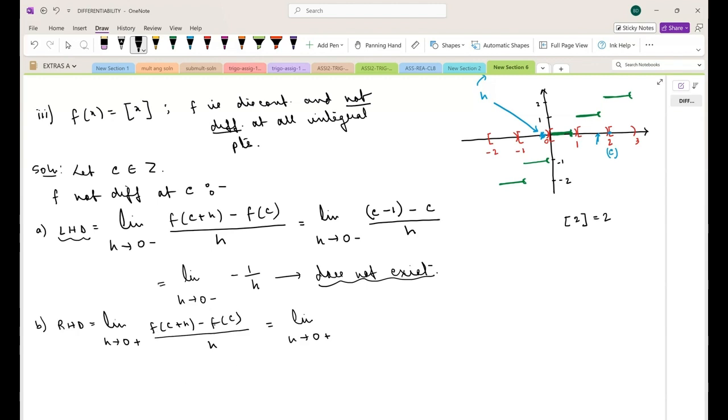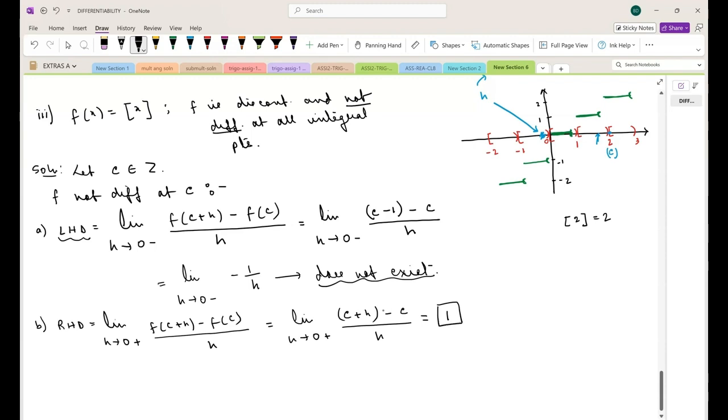Similarly, box of c plus h will be c plus h, and box c is always c. So it is h by h, so that is 1, right?